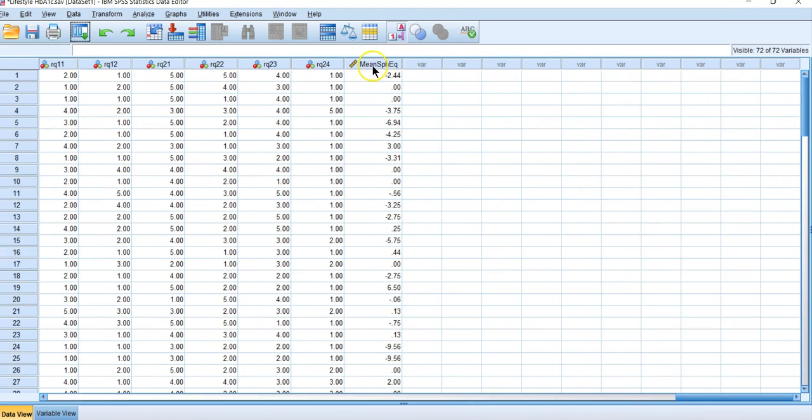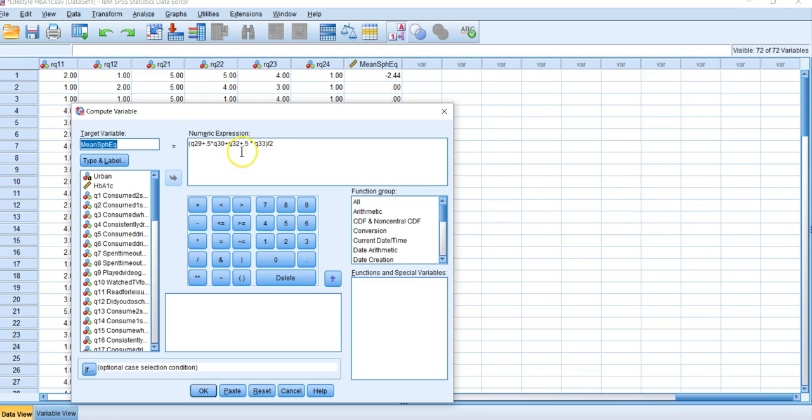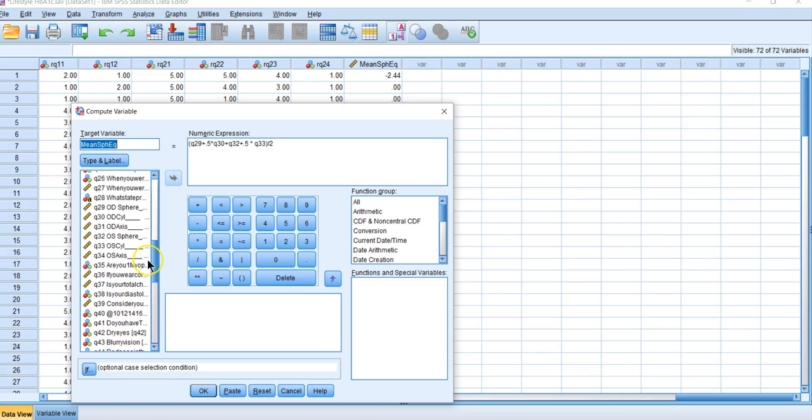I've already calculated it here, so we're going to get a column that's going to look like that. But I want to walk through this just so that we have a little review of this. So let's go to Transform, Compute Variable. And we put in our target variable as mean spherical equivalence. And then we're going to calculate the average spherical equivalence across both eyes.